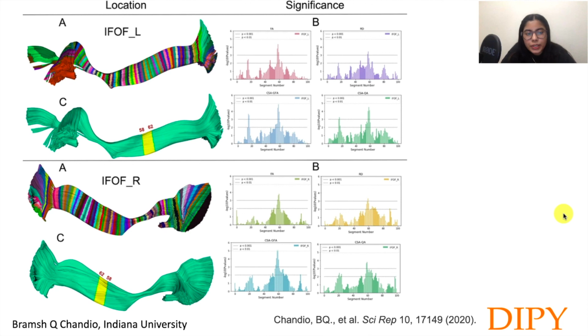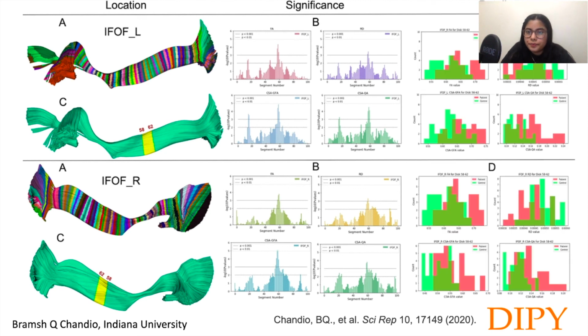This is great. Now we know exactly where there are the group differences, but let's see what the group differences are. So here in the details, we are showing the histogram plot of count, where on the x-axis we have the FA value in this plot, and on the y-axis we have the count for how many subjects had this mean FA value for that segment.